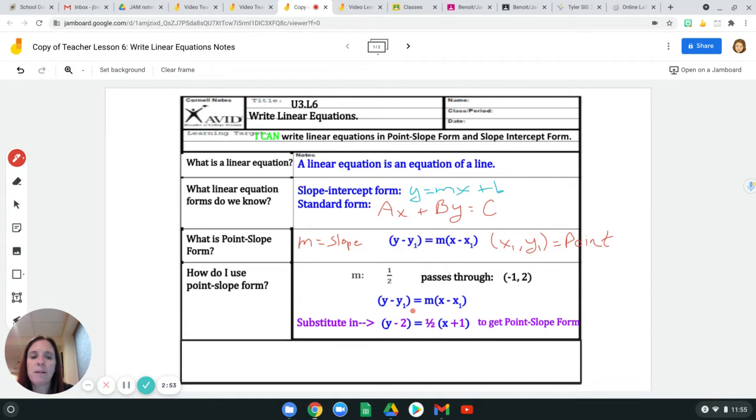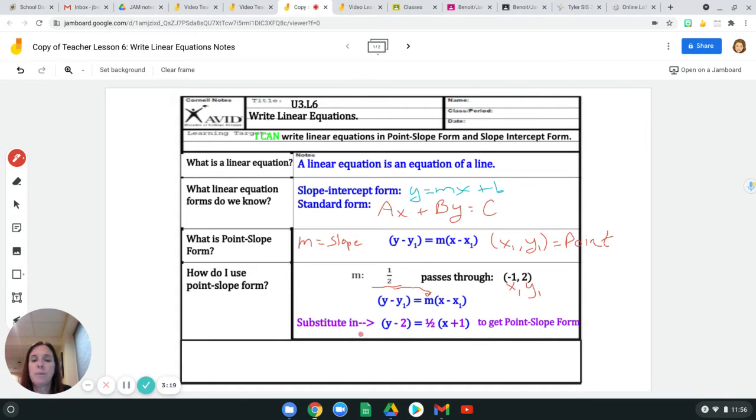Y minus y1 equals m times x minus x1. All right, m is slope, so I know that my 1/2 is going to go where m is. And then the point I have is -1, 2. So just for a reminder for yourself, -1 is your x1, and 2 is your y1.